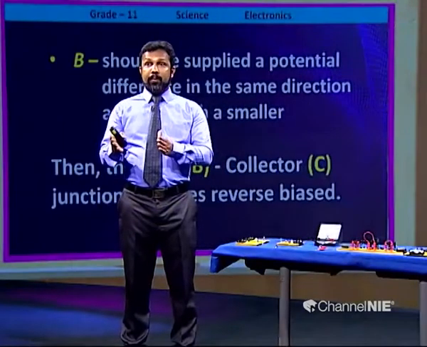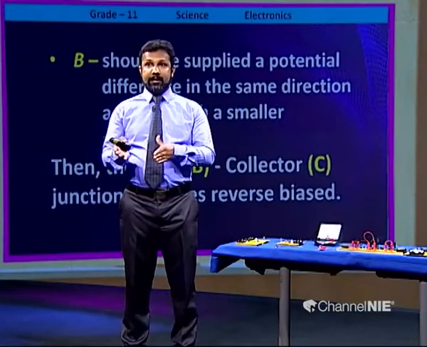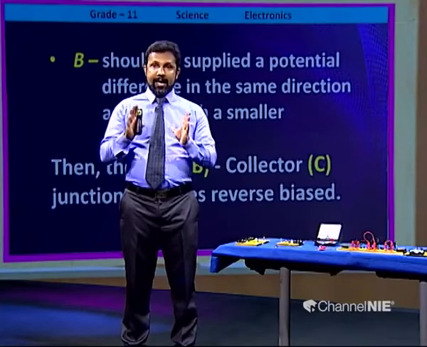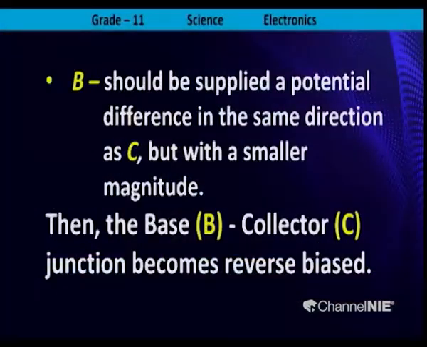B should be supplied a potential difference in the same direction as C, but with a smaller magnitude. B means base, C means collector. That means when biasing a transistor, higher voltage should be supplied to the collector and lesser voltage should be supplied to the base. Both should be given positive supply.